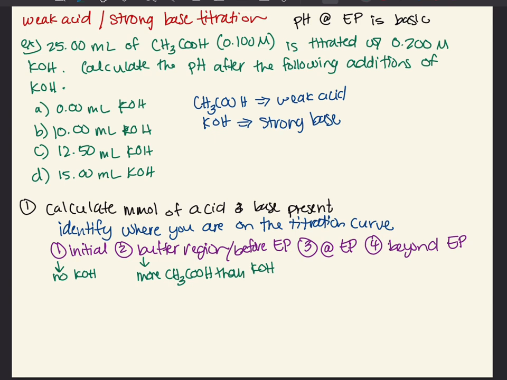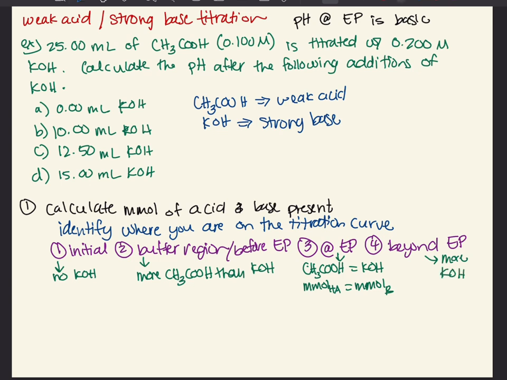Now, at the equivalence point, then my acid is going to equal my KOH. All right, and when we say that, we mean the millimoles of our acid is equal to the millimoles of our base. And beyond the equivalence point, this is where we're going to have more KOH.